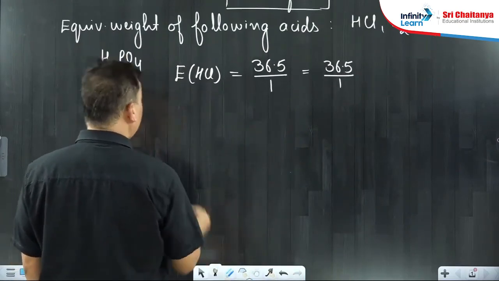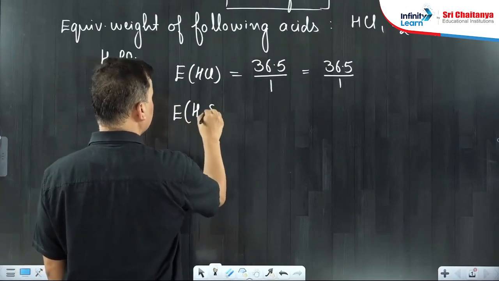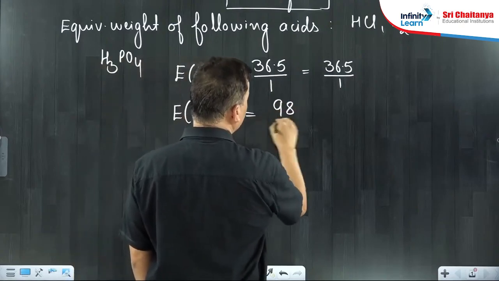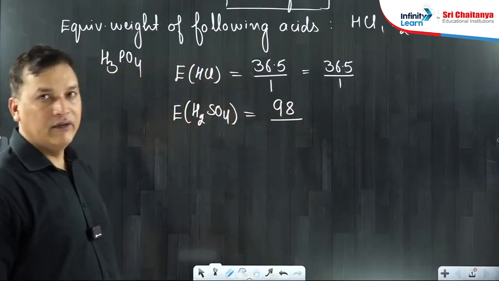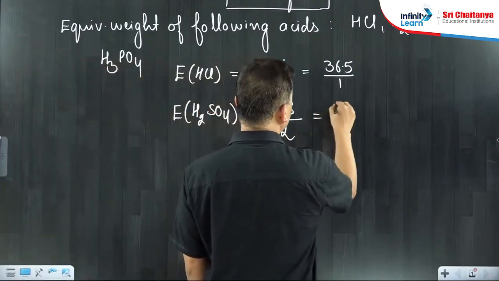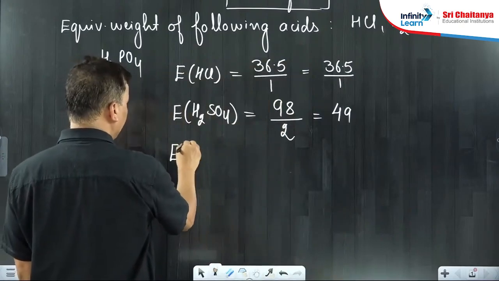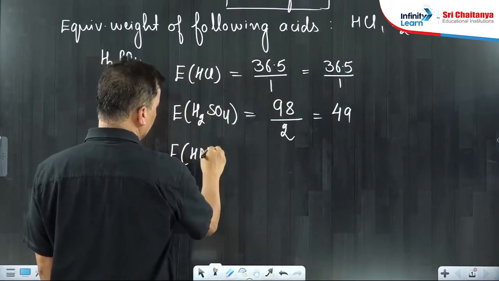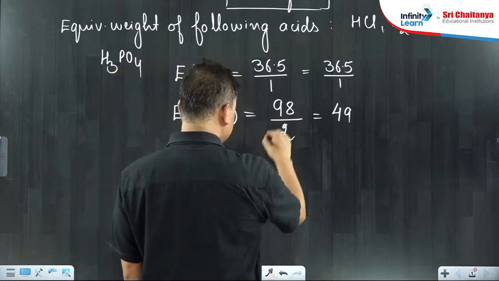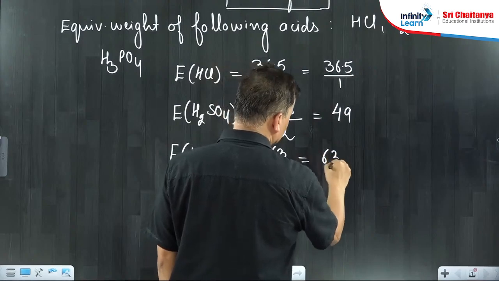Here is the equivalent weight of H2SO4, sulfuric acid. That is equal to 98, and its N factor is 2. So that is equal to 49. For nitric acid, the equivalent weight of HNO3 is equal to 63 upon 1, that is 63.